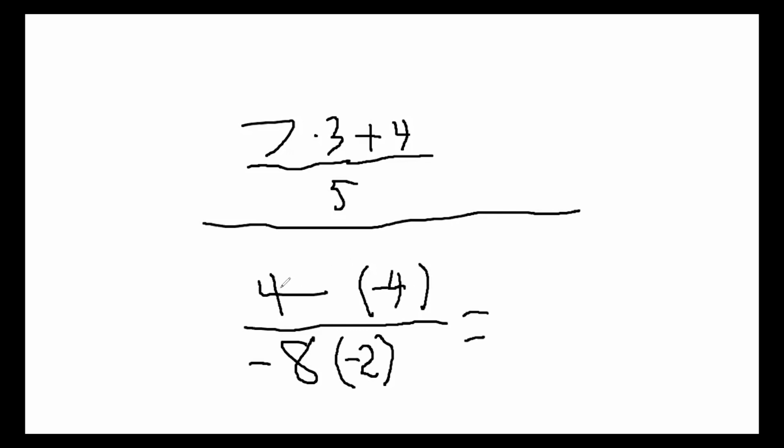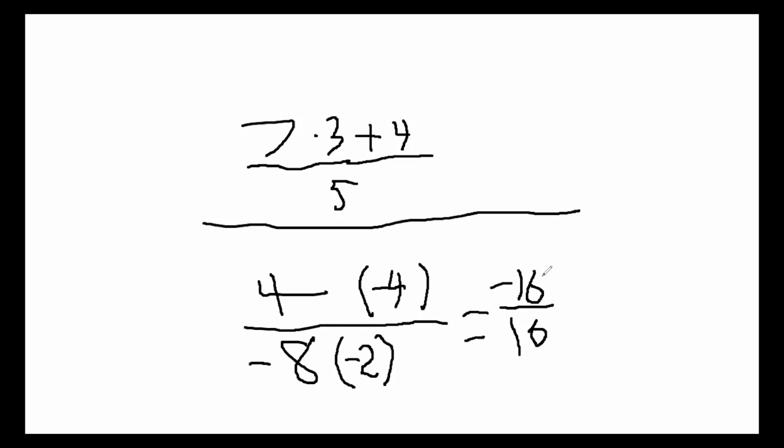So you go 4 times negative 4 is negative 16, right? And then we have a negative times a negative is positive, okay?